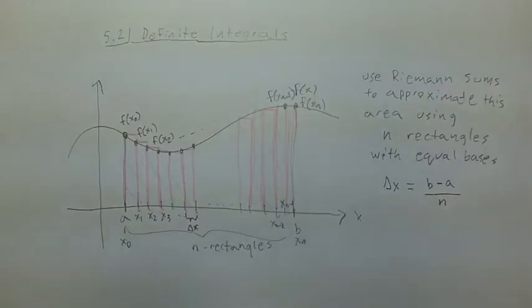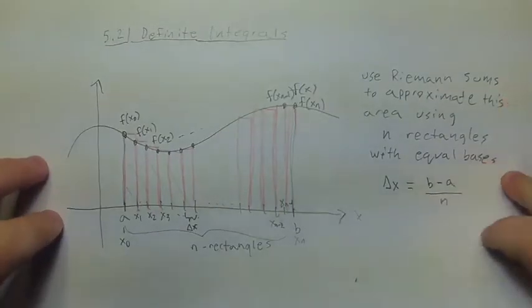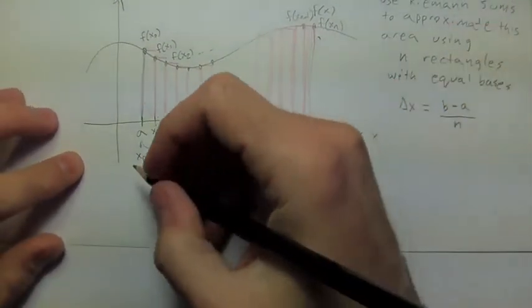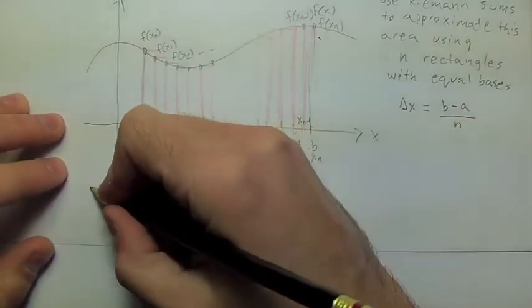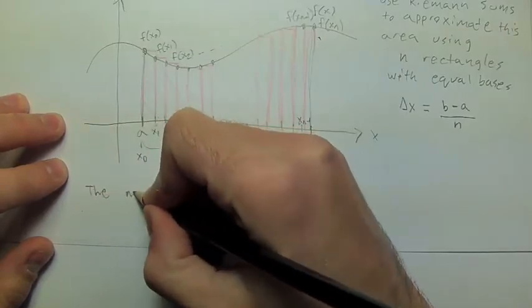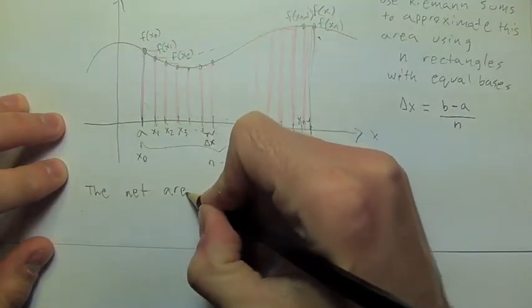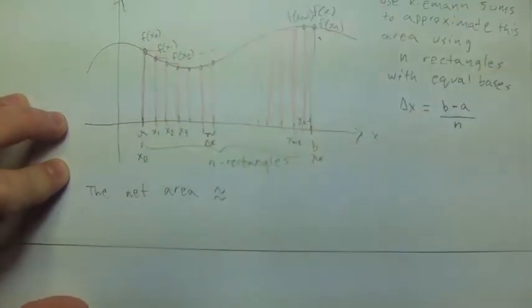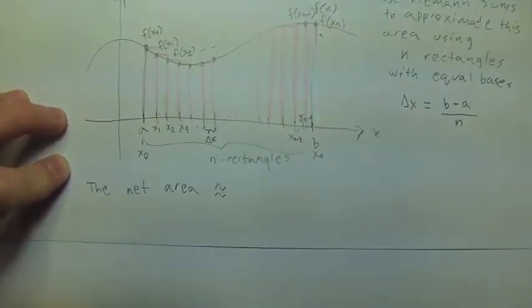So, if I wanted the net area, okay, so the net area, if you can see all that still, right, is going to be approximately all this stuff added together, right?